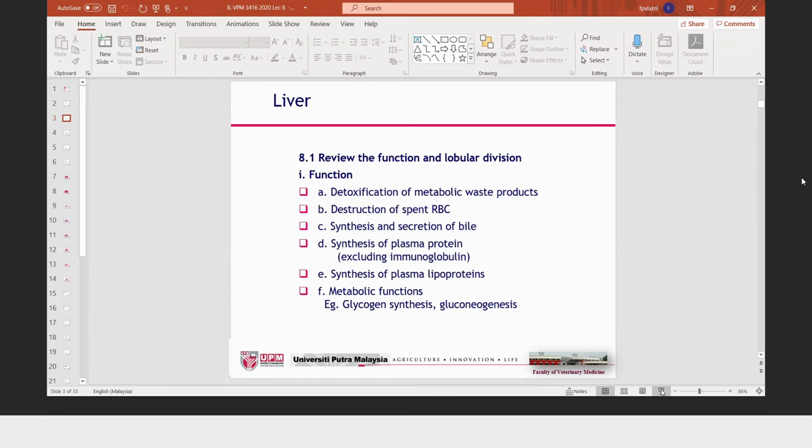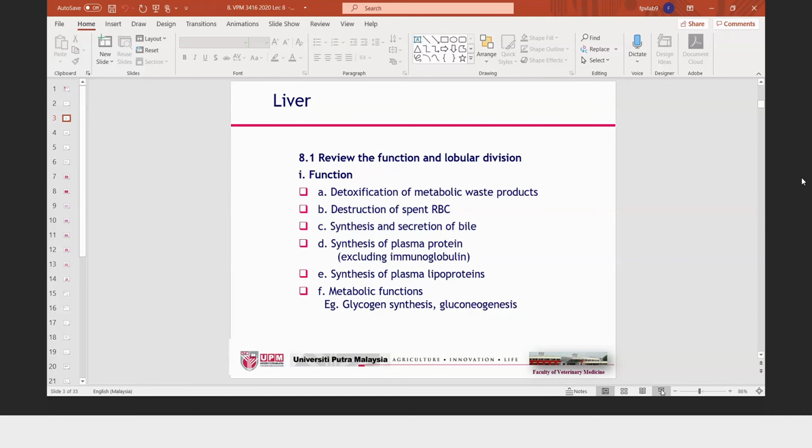The first one is detoxification of metabolic waste products. Anything that is a waste product will be detoxified in the liver. They also involve destruction of spent RBC, synthesis and secretion of bile, synthesis of plasma protein, excluding the immunoglobulin, and then synthesis of plasma lipoprotein.